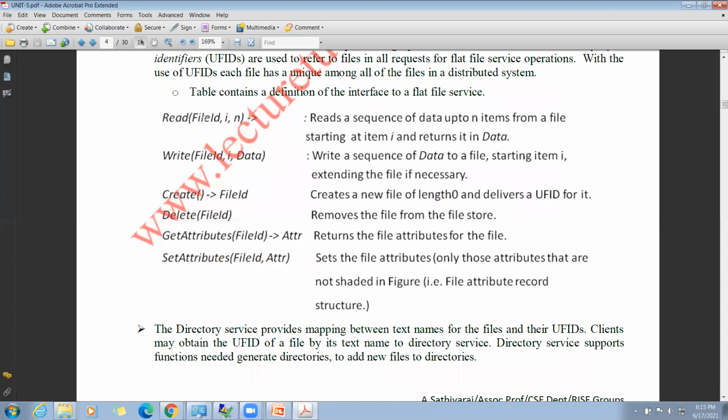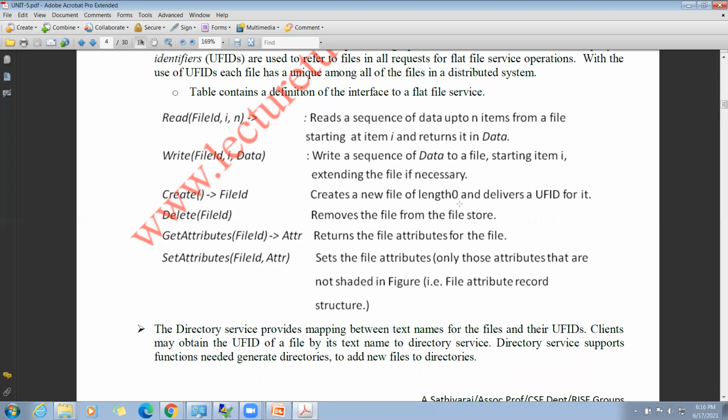Okay, this is the meaning of read. Next, write: write a sequence of data to a file starting at i, extending the file if necessary. Next, create: it creates a new file of length zero and delivers a UFID for it.